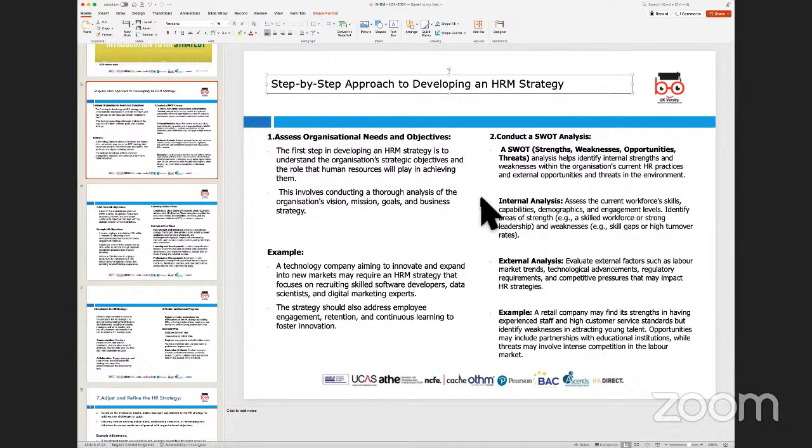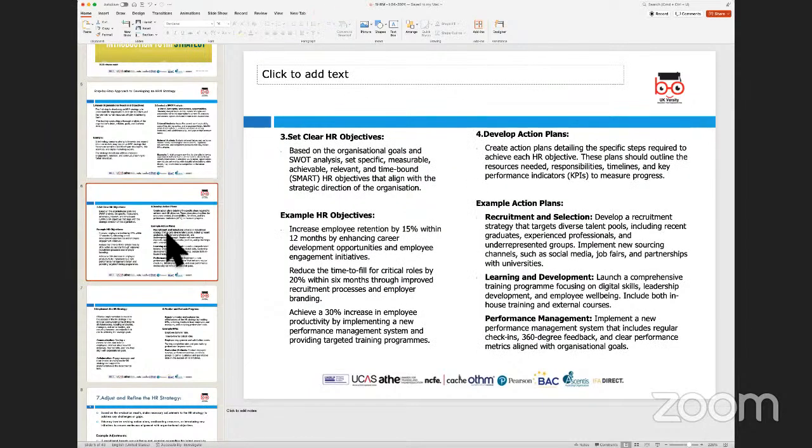So things like conducting, first, a needs analysis, then doing a SWOT analysis, looking at internal and external factors, then defining clear objectives. And then once the clear objectives have been defined, you need to look at developing plans or action plans, which could be related to certain elements of the HR strategy.